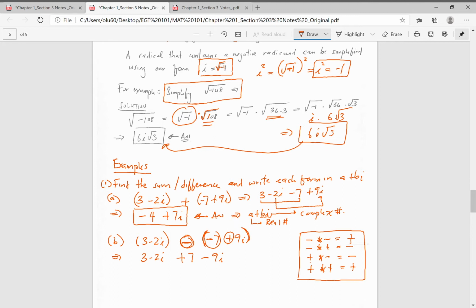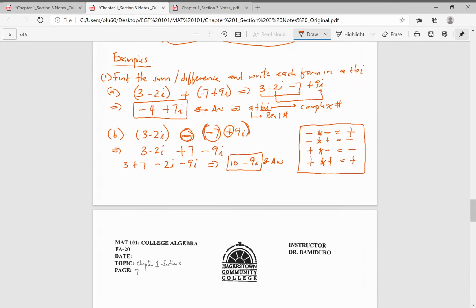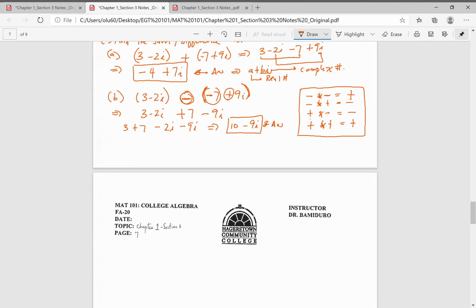Okay, so we're going to bring the like terms, or the real numbers, together. That's going to be 3 plus 7 minus 2i minus 9i, and we shall get 10 minus 9i as our answer. Okay, that's our answer.